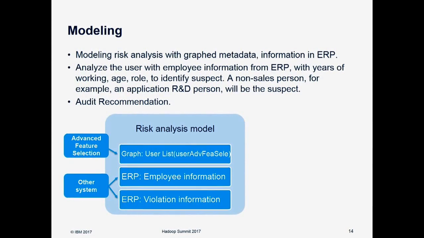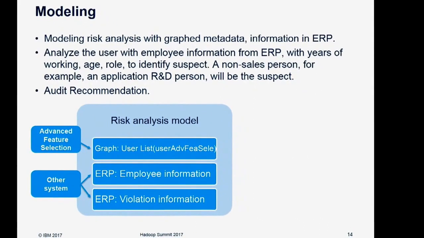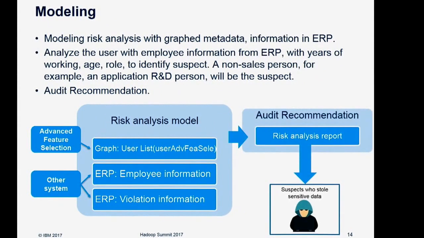Based on this model and the data from different systems, we will do association analysis, and then we will provide an audit recommendation to the company, saying who will be the most suspicious person in this event. So we can focus on these people.